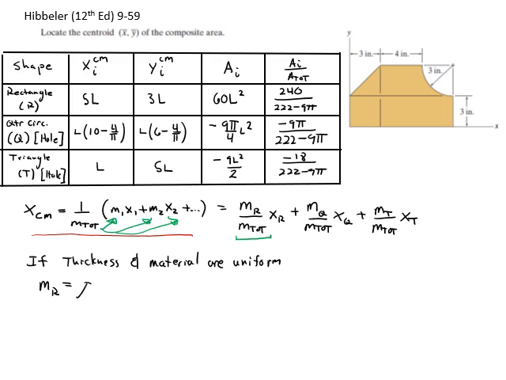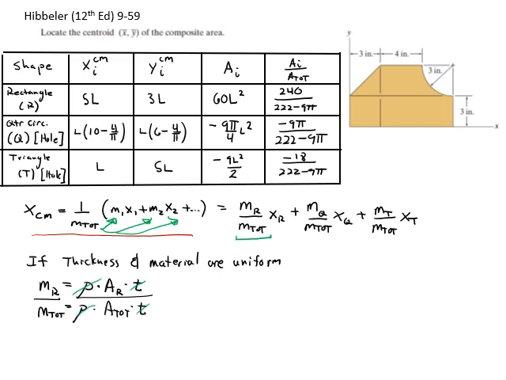It was the density of the material times the volume of the rectangle, and the volume of the rectangle is the area of the rectangle times the thickness of the material, so T is the thickness. And the total mass, of course, is just going to be the same density of the material, total area, times the thickness, right? So you can see that if I divide these two equations, everything cancels out here.